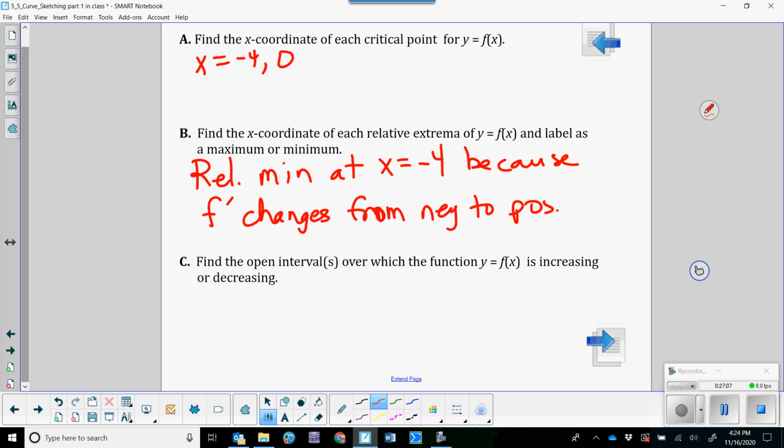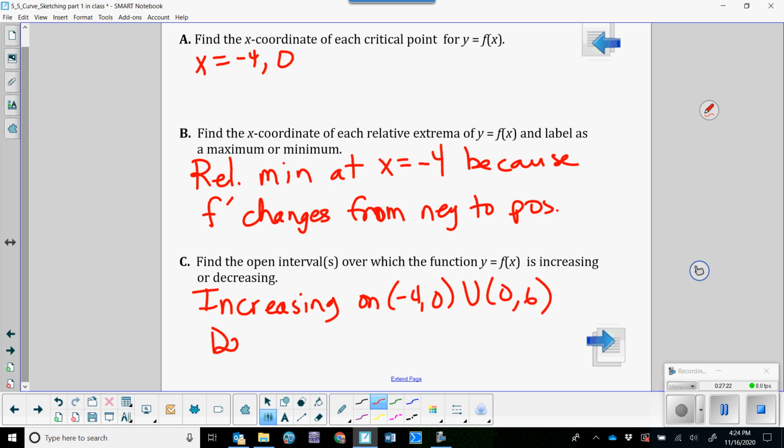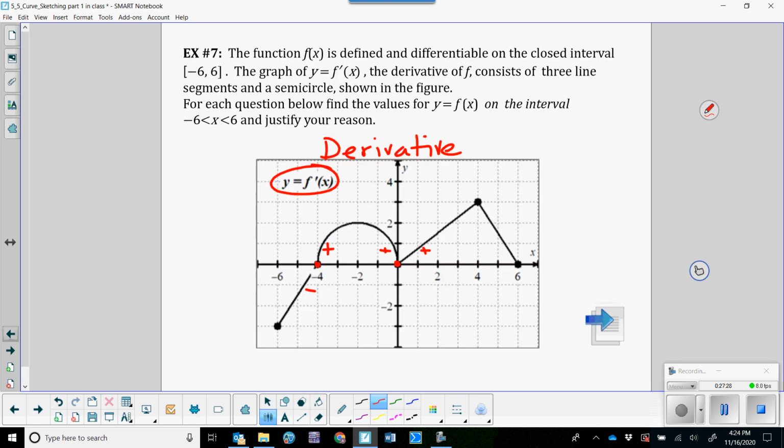So we want to say it is increasing on -4 to 0, union 0 to 6, and then decreasing, if we look back at the graph, from -6 to -4.